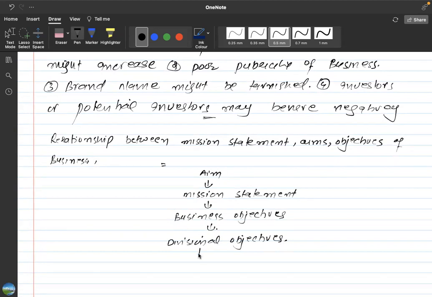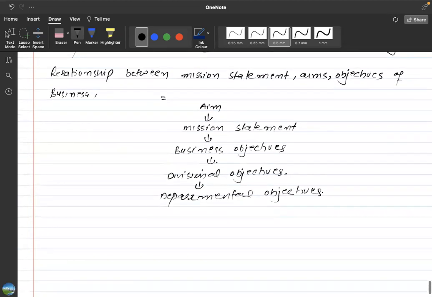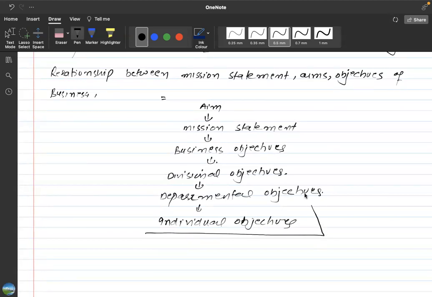On the basis of that, we make departmental objectives. And on the basis of departmental objectives, we end up with the individual objectives. So this is the hierarchy of objectives.